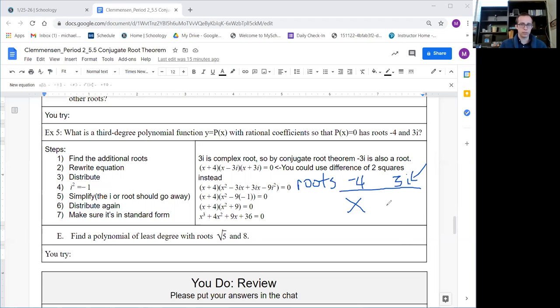So since it's imaginary, I will have an extra root of negative 3i. This one does have one. I plug that in for my equation just like we did this morning for our warm-up. Simplify and we get our answer.